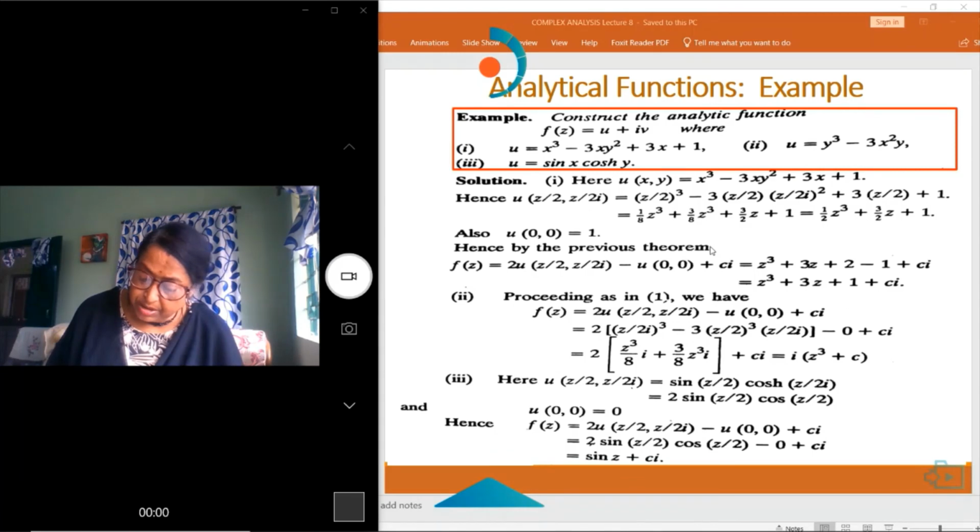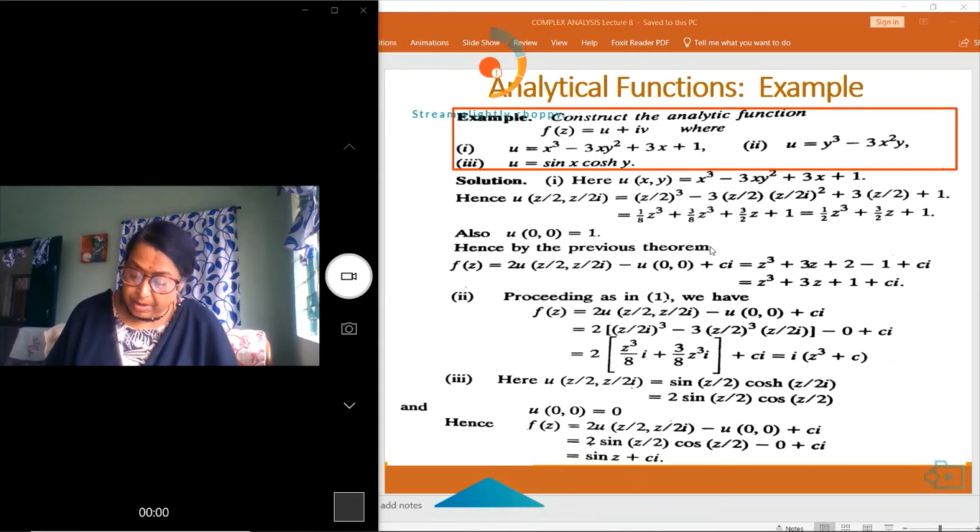After calculation, this gives u(0,0) = 1. Hence, using the previous theorem, f(z) = 2u(z/2, z/2i) − u(0,0) + ci, which can be written as z³ + 3z + 2 − 1 + ci.